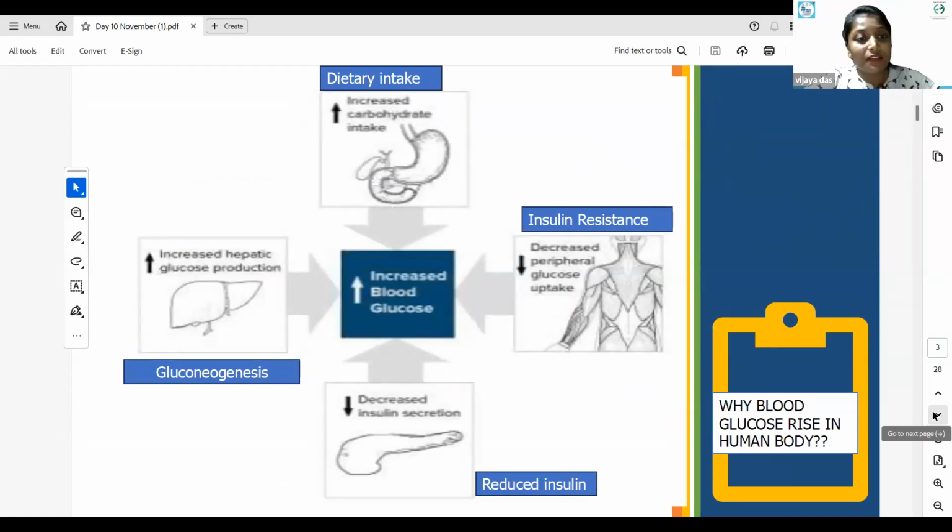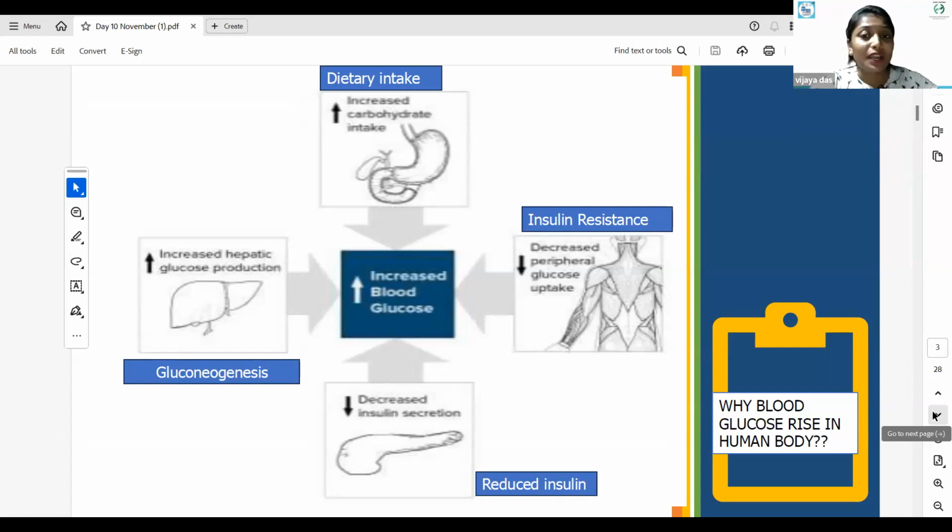Now, these blood glucose levels can be because of various reasons. One, of course, is the dietary intake. Other than that, there can be gluconeogenesis, where the hepatic system produces excessive glucose, and that is how the blood glucose rises. Many times, insulin insufficiency because of pancreatic functioning can also lead to high blood glucose.